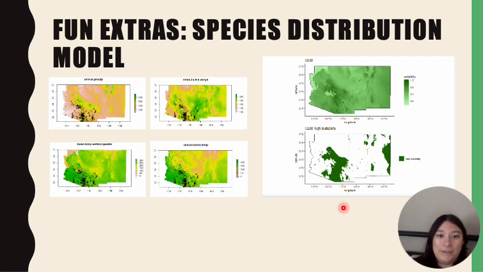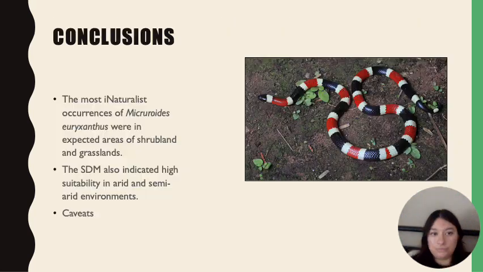If time allowed, I would have done more models to compare them all. But this one did show what I expected, the suitability in those arid environments here. And these environments over here are more grassland and pasture, but they're still in that suitability range. They're just not found as far east as we would see them.